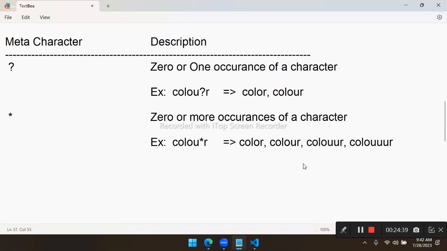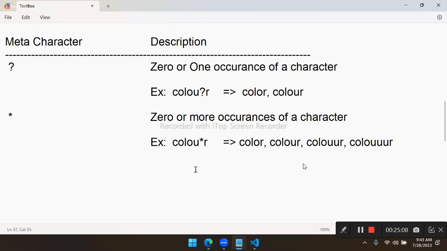So the question mark is used for 0 or 1 occurrence. The asterisk is used for 0 or more. And remember, this is only for the U character, not for others. That means only the U occurrence can be 0 times or many times. The rest of the spelling should be the same. This is only for the occurrence of U, not for all characters.